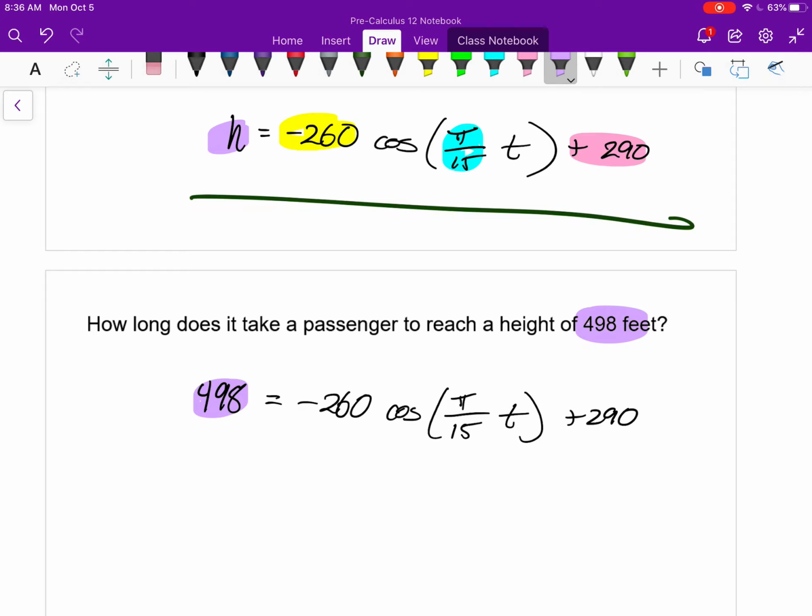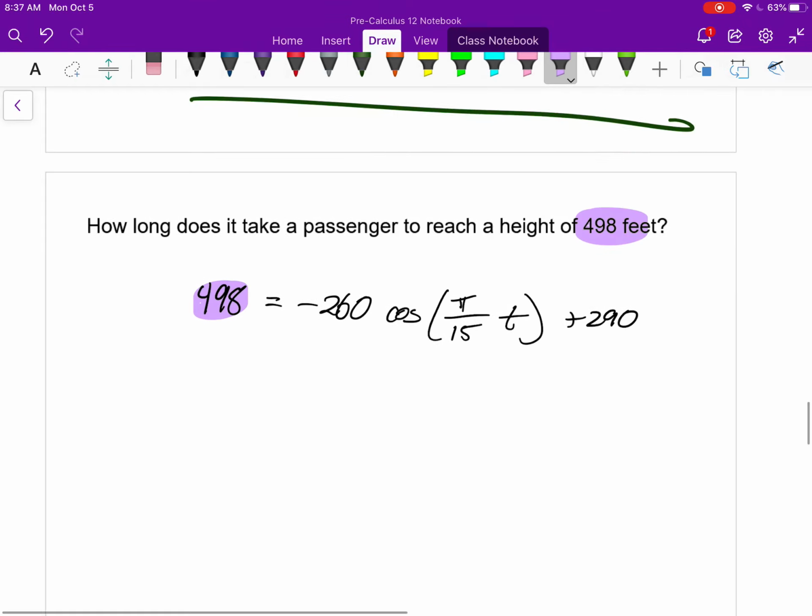Now, whenever we're solving a question like this, sometimes it can get quite messy. So we don't want to lose sight of the importance of solving this with graphing. What's important is to understand the idea of what it means to solve by graphing. Literally, graph the equation in Desmos and look at the height where it's 498, which I'll do afterwards. All right, but first, let's solve this algebraically.